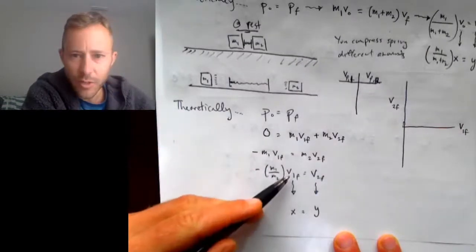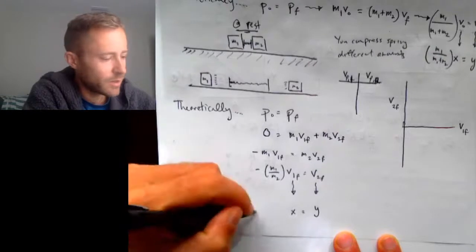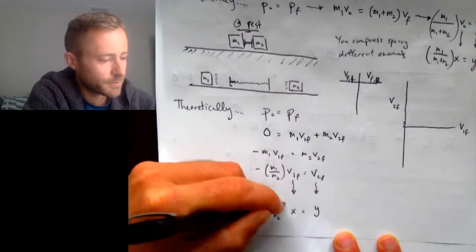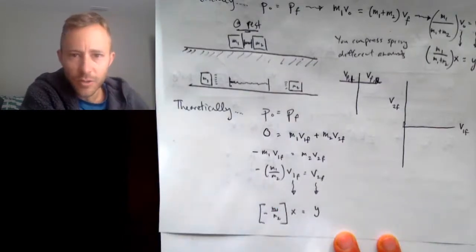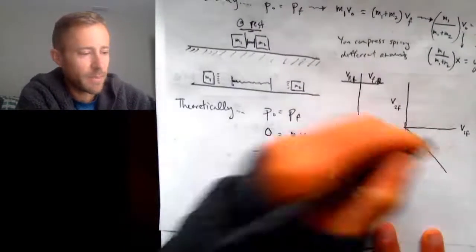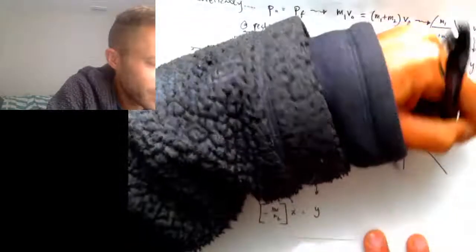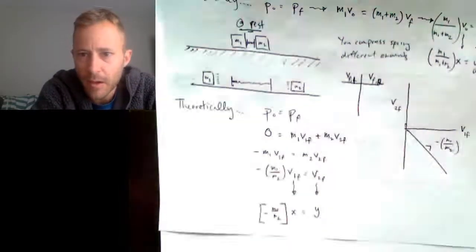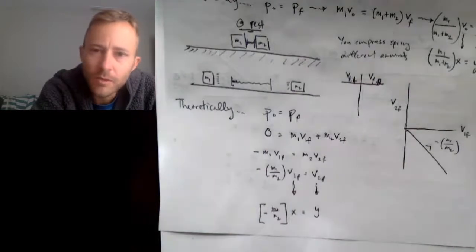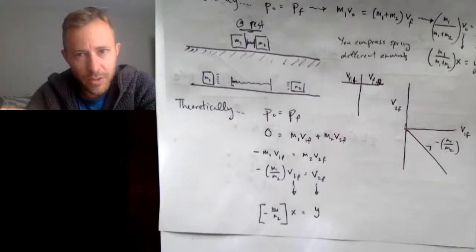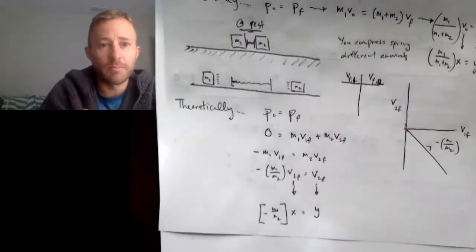And I can see that the thing that multiplies x is minus m1 over m2. Masses are always positive, so the slope is going to be negative. And I would expect that slope to be negative m1 over m2. So that is the theoretical slope. So I expect a linear relationship and I expect a certain slope.